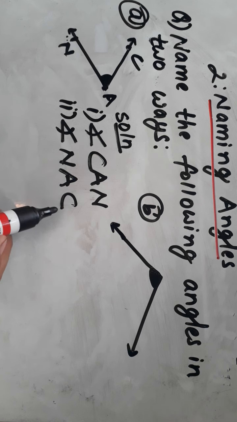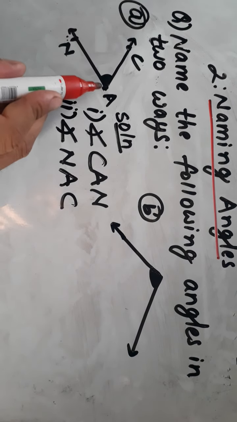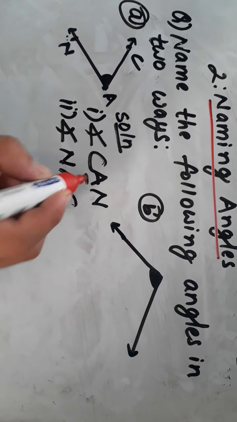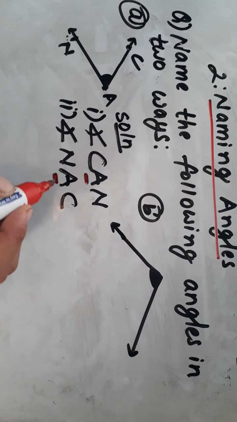You can see A is our vertex. Vertex always lies in the middle.